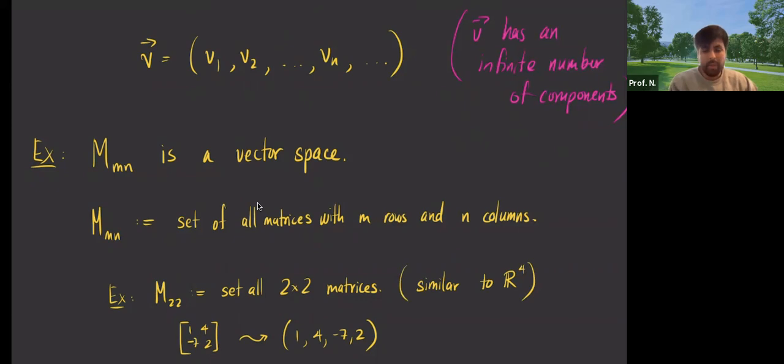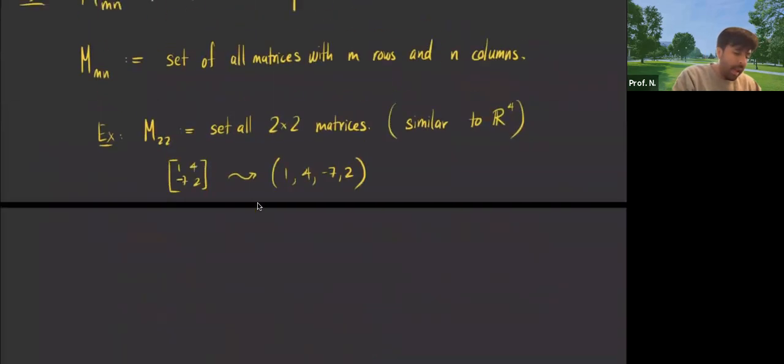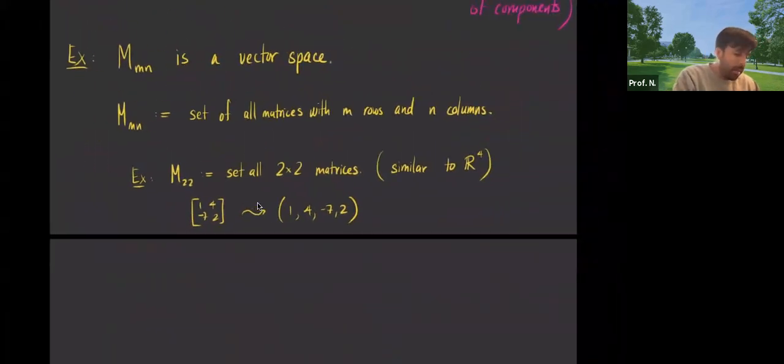You can treat it as R4 because you have 4 components within a 2 by 2 matrix, the same way that an n-tuple in R4 has 4 components. So we can treat this as a vector. We can interpret it as something in R4. Not exactly, but similar. Like I said, the keyword here is similar.